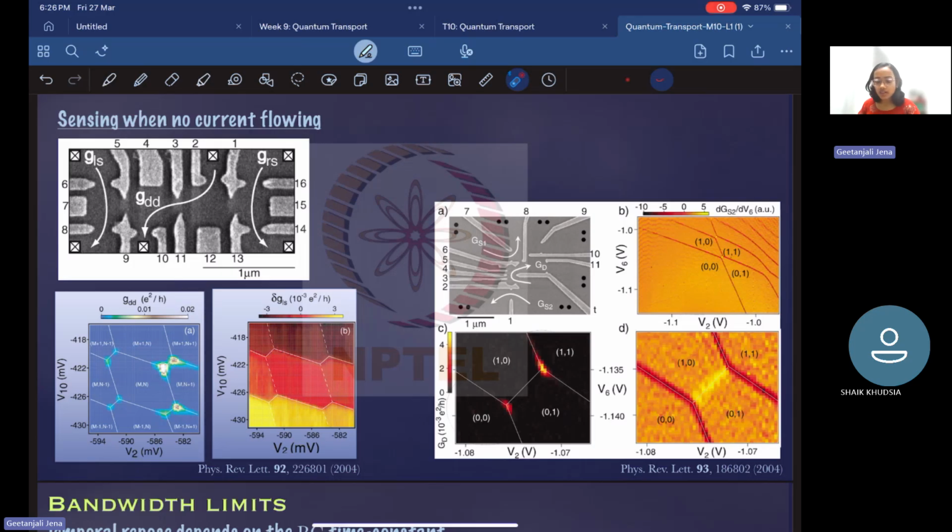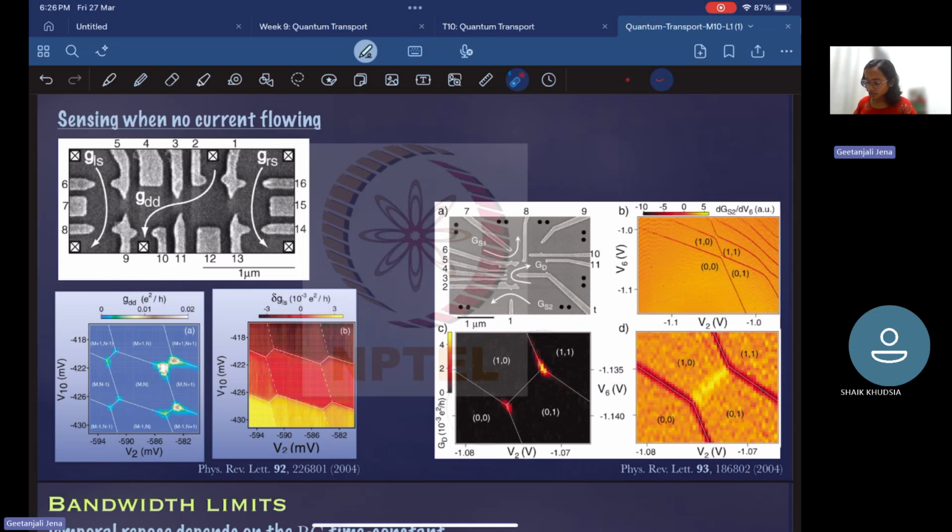If you recall, for this honeycomb shaped pattern, the current is non-zero around the charge triple points. In the other regions the current is zero because the charge configuration is constant, which is why these are all black. Only this shows a colored region where we see tunneling of charge carriers through this double quantum dot.